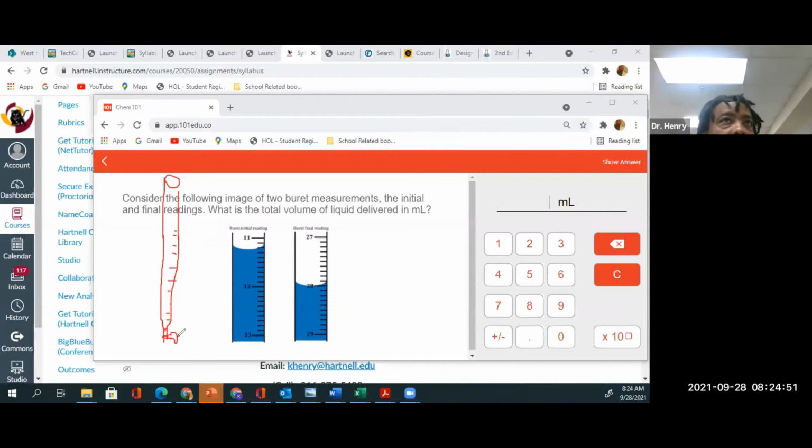It's just a valve that allows liquid to flow through, so you can control how much liquid flows through it. Okay, and so they're saying that if your burette reading started at 11, so at the top this is going to be 11, and then at the bottom it's going to go down to something like 50, right?